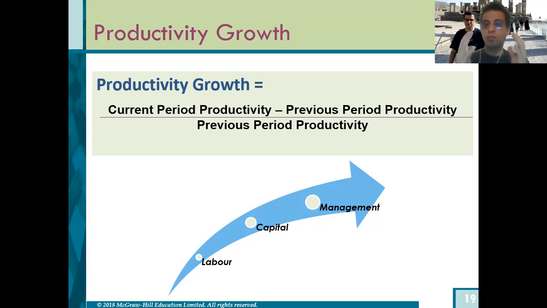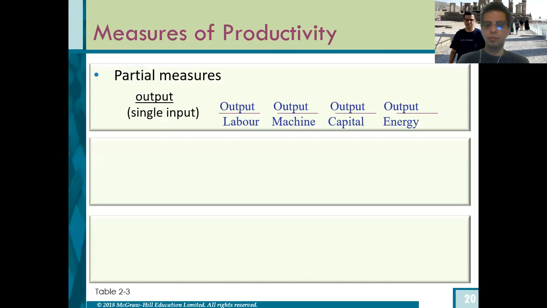This is how we compare our growth, because we cannot do it standalone. It shows 10%, 20% if you're improving, or minus 10, minus 20 if you're getting worse. So this is the productivity growth you're looking at.